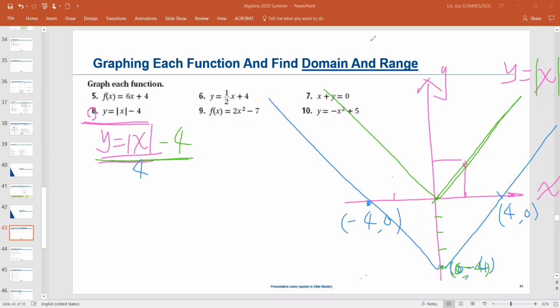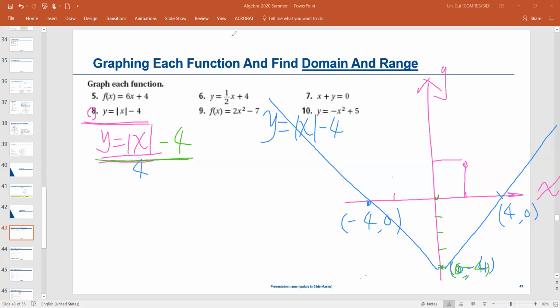So when we graph y equals absolute x minus 4, it's this one. We can take this green part away, we don't need this one. So this is the graph of number 8. Absolute x minus 4 is like this.